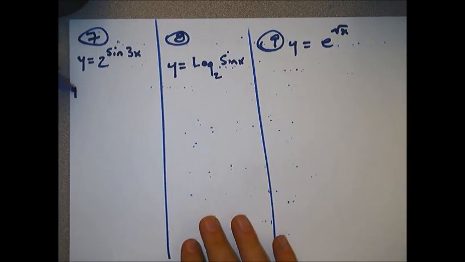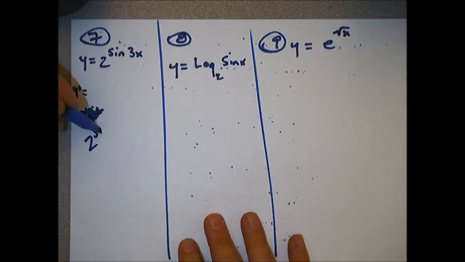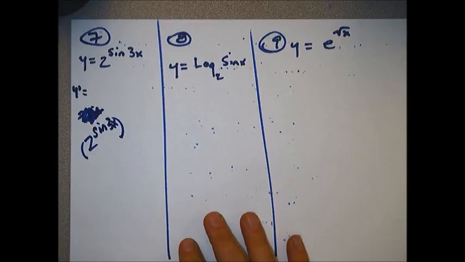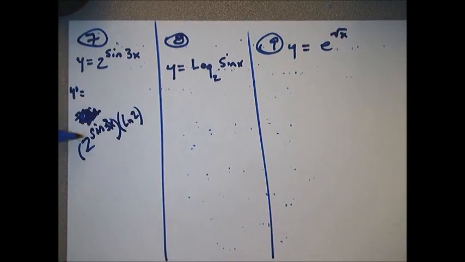So this is y prime is equal to 2 sine, I wrote that badly, let's try again. 2 raised to the sine 3x times the natural log of the base, so natural log of 2, and we want to derive the power. The derivative of sine 3x is going to be, how do we do a trig function?